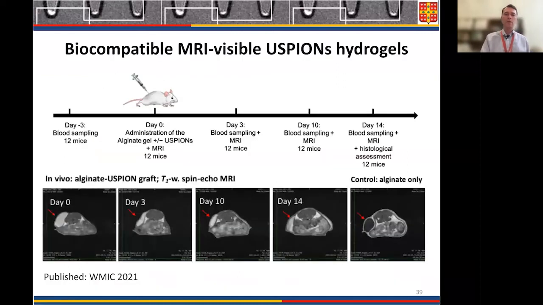And now what we are doing is demonstrating that this specific hydrogel with iron oxide nanoparticle ink can be safely implanted on the flank of the tumors. So this is an MRI study from day 0 to day 14, flank injection of alginate supplemented with iron oxide nanoparticles, and we monitor closely the volume of these grafts until day 14.